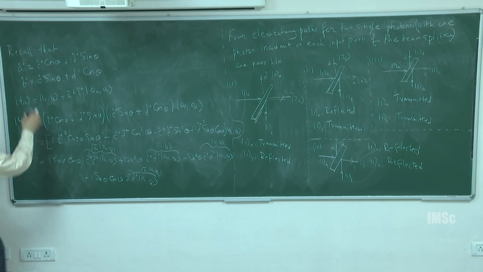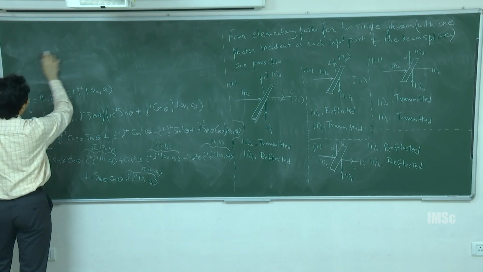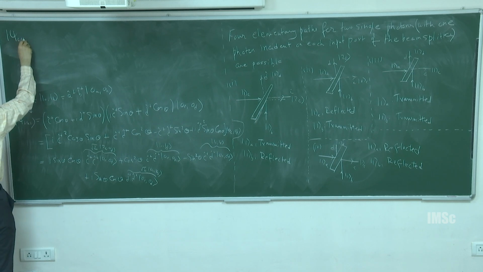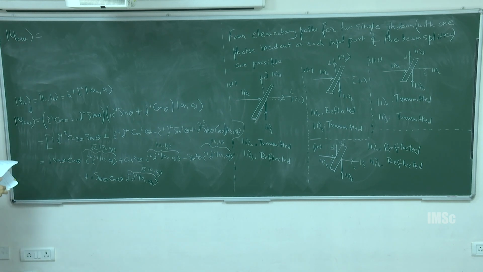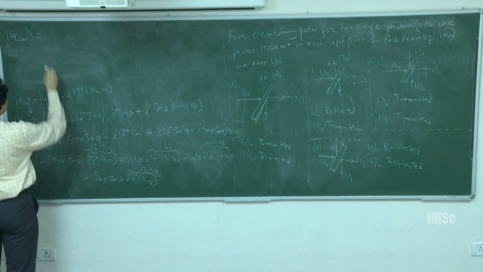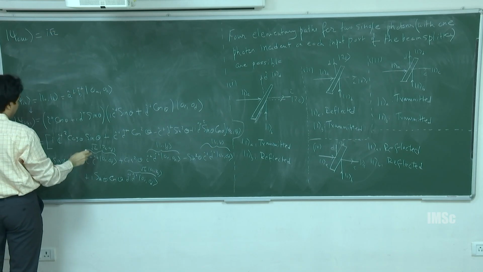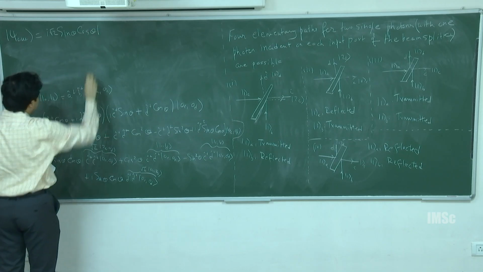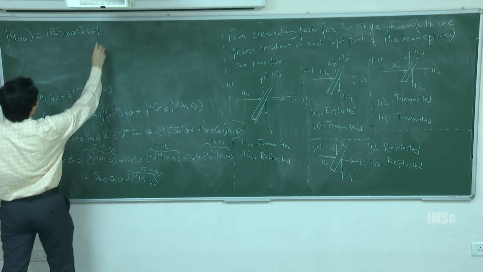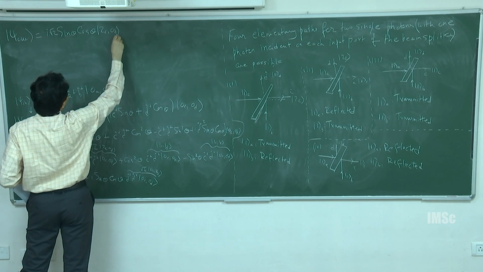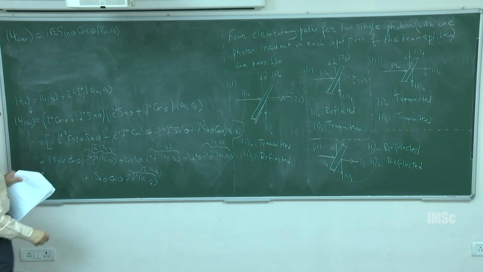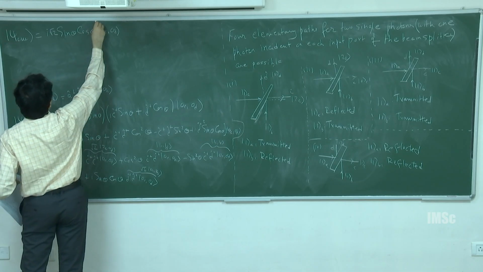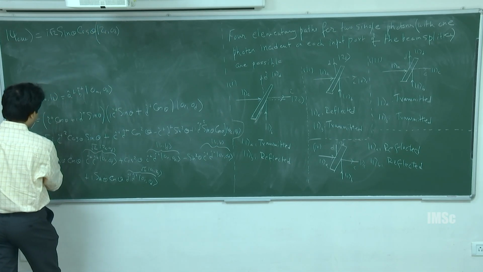So let me write down this expression on top, the final one. So what we get? I root 2 sin theta cos theta, 2 photons in mode C, nothing in mode D. So we can club this one and this one.